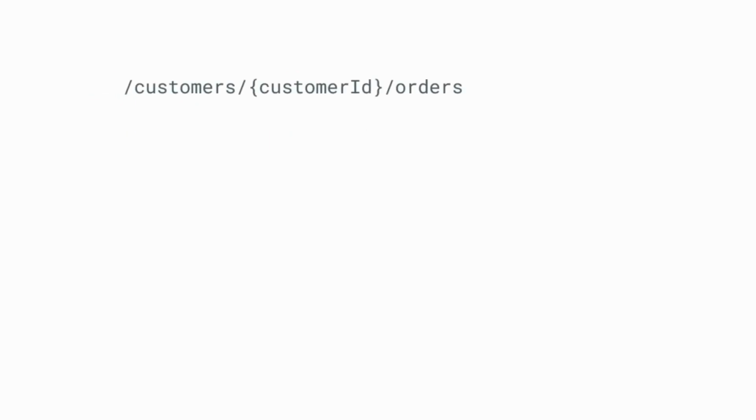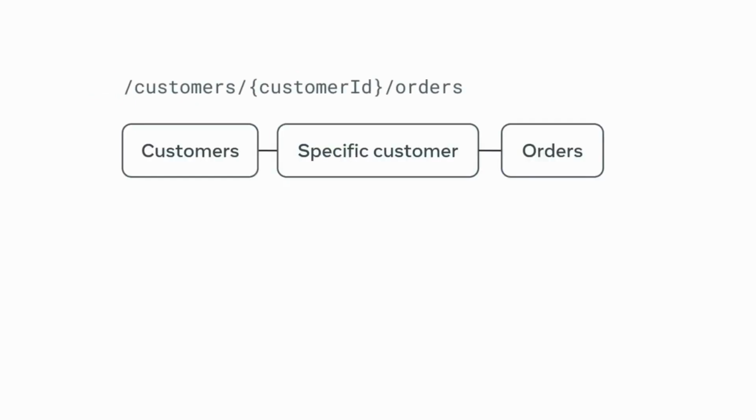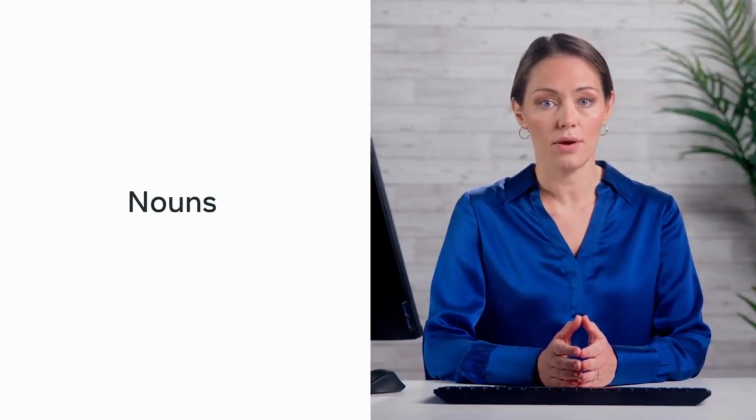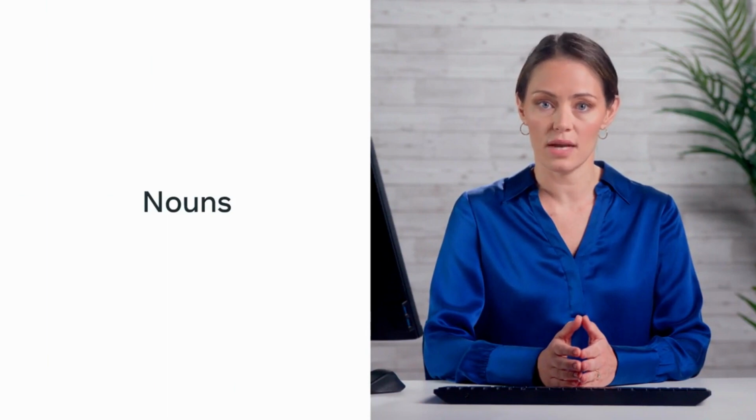Or to get all books written by a particular author, you can use an ID for the author instead and add /books. Notice how the relationships between the customers and orders, the books, and the author are all indicated with the / in these API URIs. Another naming convention is that your API should always use a noun to indicate the resources it is dealing with.